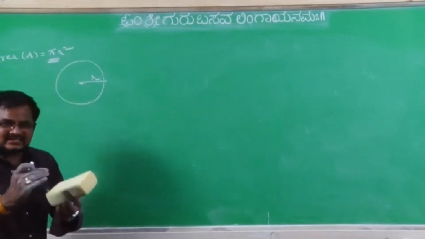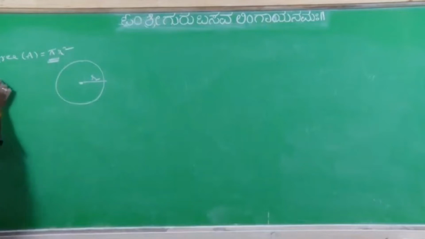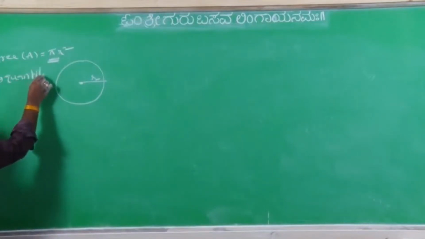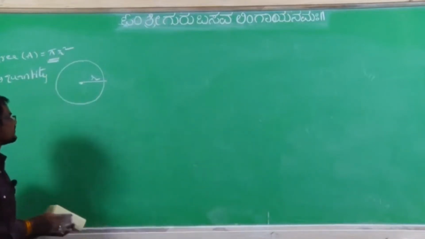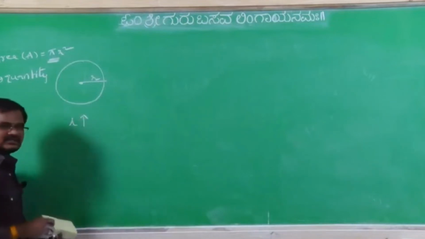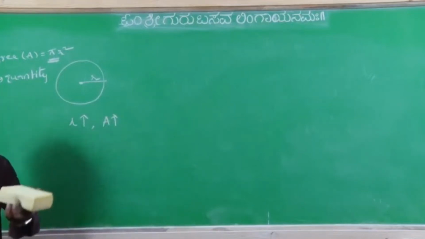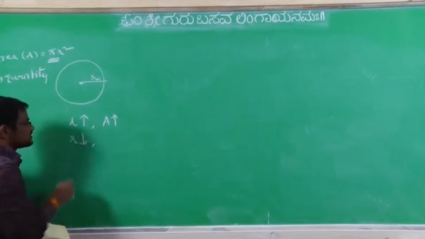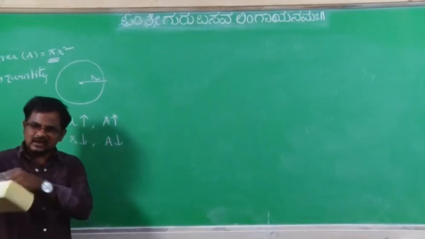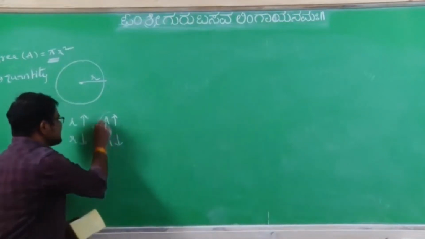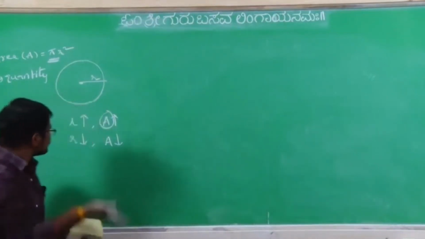As r increases, means the radius increases, the area also increases, right? If the radius decreases, the area also decreases. Is this area changing with respect to r only?